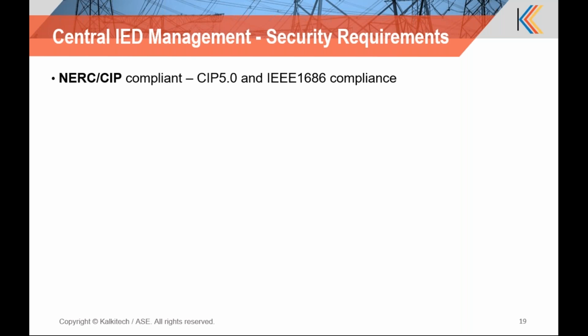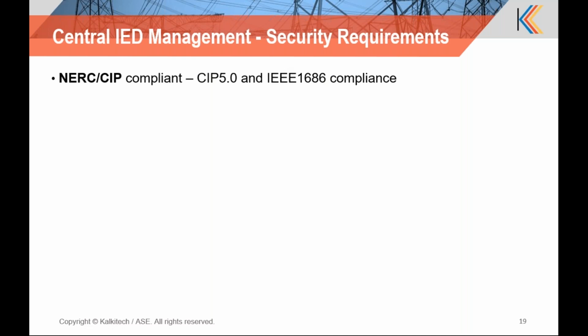This is a standard put forward in the US, but other areas are also adopting it, based upon security at multiple levels, involving personnel security, device security and electronic security. A lot of parameters are there in CIP 5.0, and a standard is derived from it for intelligent electronic devices.